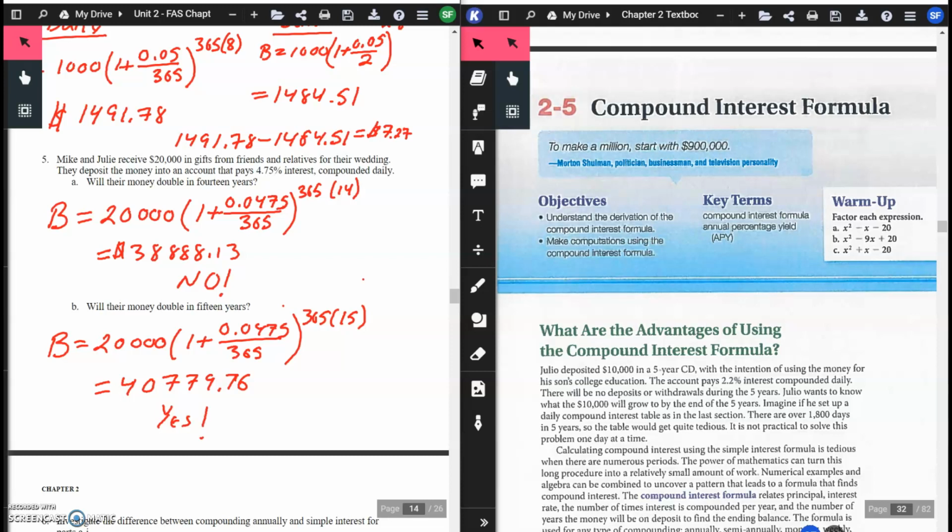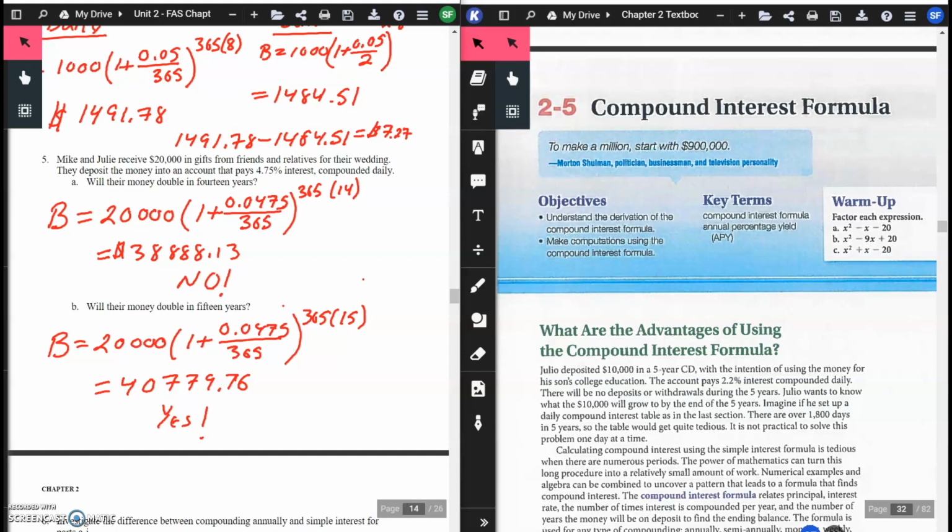Raise that to the N times T, where N is 365, times 14 for 14 years. Multiply all that out, and you're going to get 38,888.13. Did it double? Double would be 40,000, so we're not quite there. The answer to that one would be no.